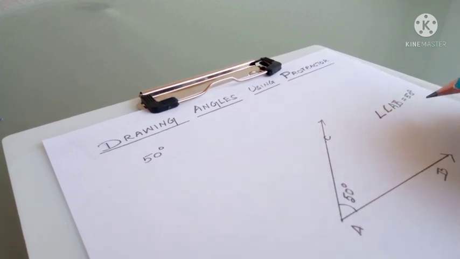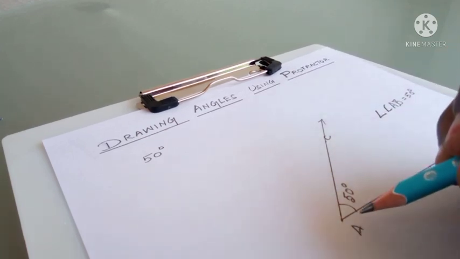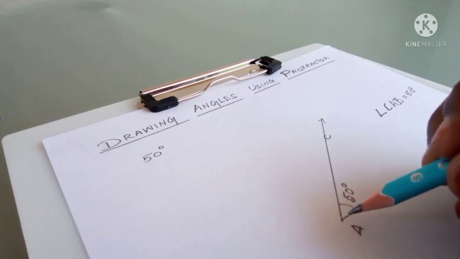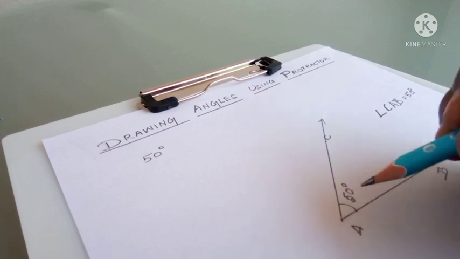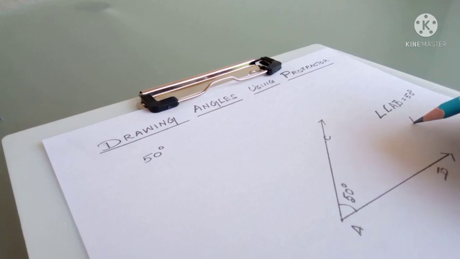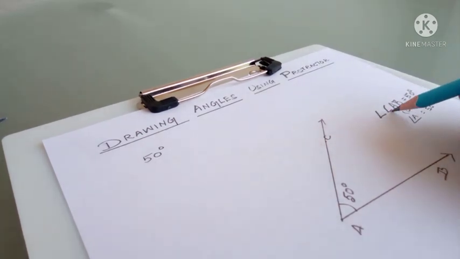We can say it in another way: in whichever point the angle is marked, in that point. So angle A is 50 degree. We can say any one way. This symbol indicates angle.